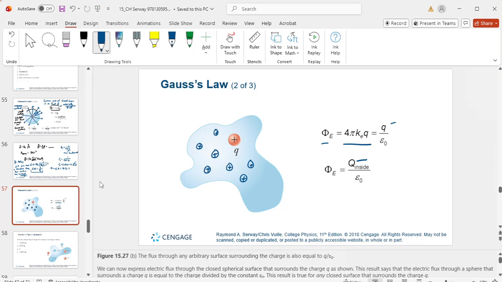My flux is going to be proportional to the amount of charge. So that is the entire idea of Gauss's law.